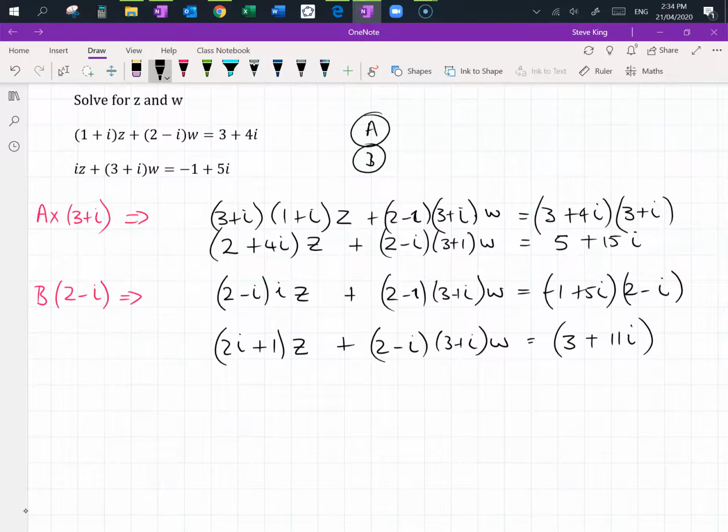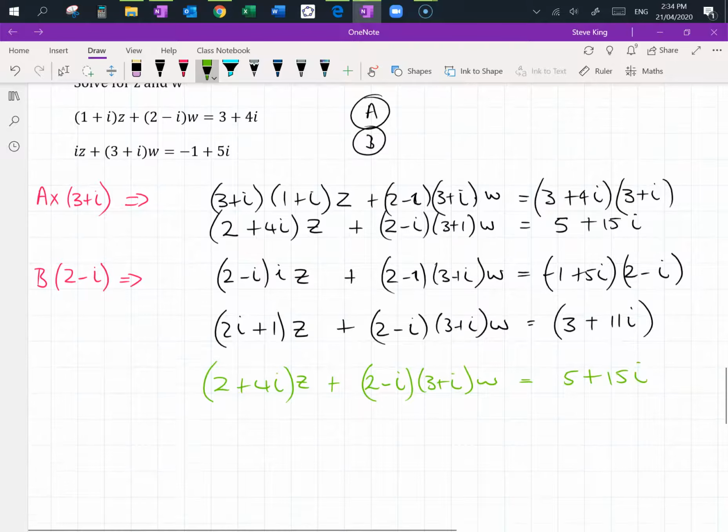So I've got my two equations now. Let's put them together so that we can see them in a little bit closer detail. I'll deal with them in different colors so we can separate them out. So (2 plus 4i) z plus (2 minus i)(3 plus i) w is equal to 5 plus 15i.